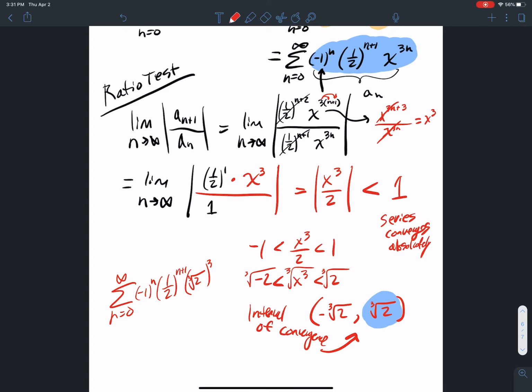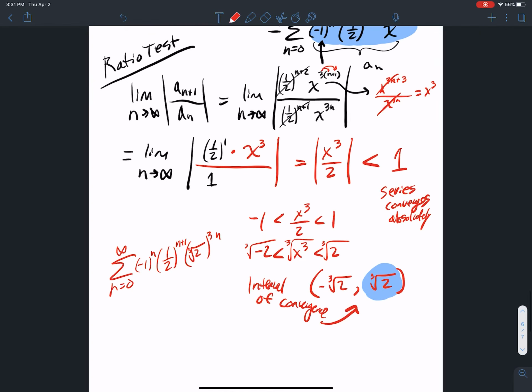So that's basically 2 to the n, right? So this gets me negative 1 to the n, and then this is really 1 over 2 to the n times 1 over 2, right? And then this here is 2 to the n.